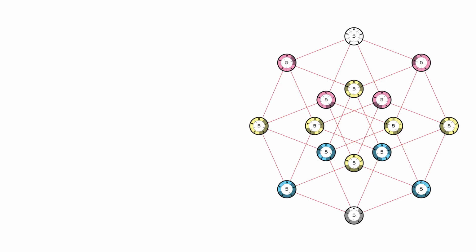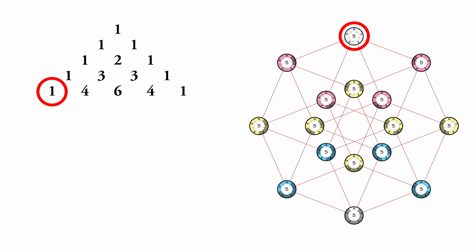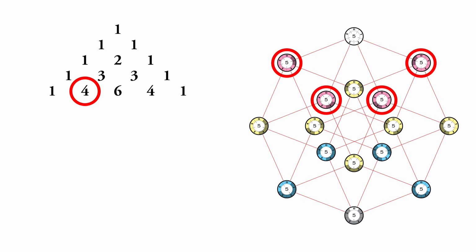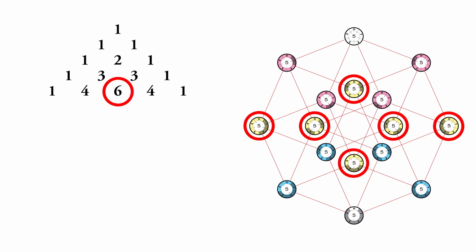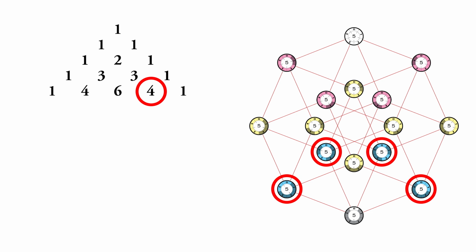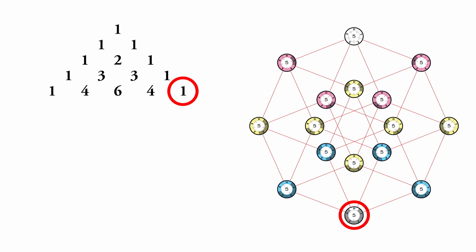Five beats. And indeed, in a cycle of 5 beats, where the first beat is always an onset, we find 1 rhythm with 5 onsets, 4 rhythms with 4 onsets, 6 rhythms with 3 onsets, 4 rhythms with 2 onsets, and 1 rhythm with 1 onset.